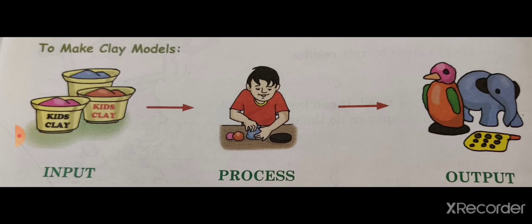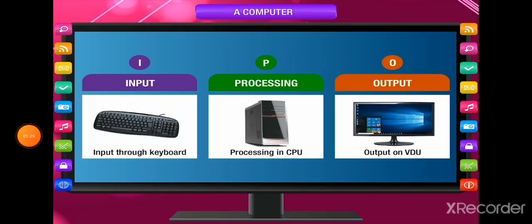Now, same way in the computer. In the computer also we have the IPO cycle, which is known as input, process, output. Whatever instructions you give to the computer, it takes as an input. Can you see a keyboard in front of you?